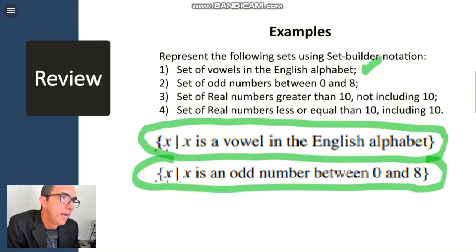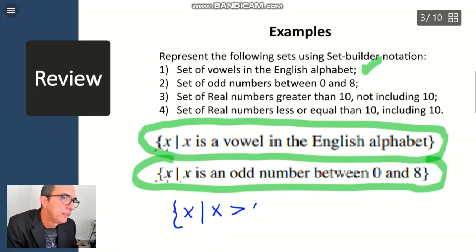Third example, set of real numbers greater than 10, not including 10. Let's write down here, braces, x such that x is greater than 10, not including 10. This is number 3.